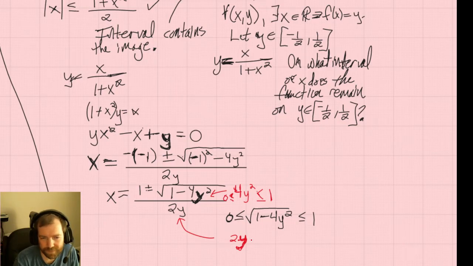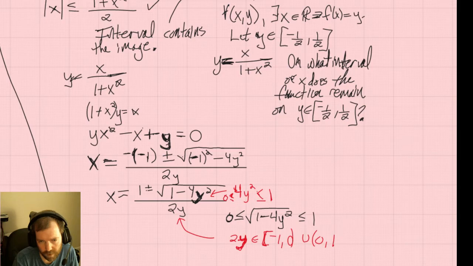So it's going to be between, really, -1 and 0 exclusive, union with 0 exclusive to 1 inclusive.